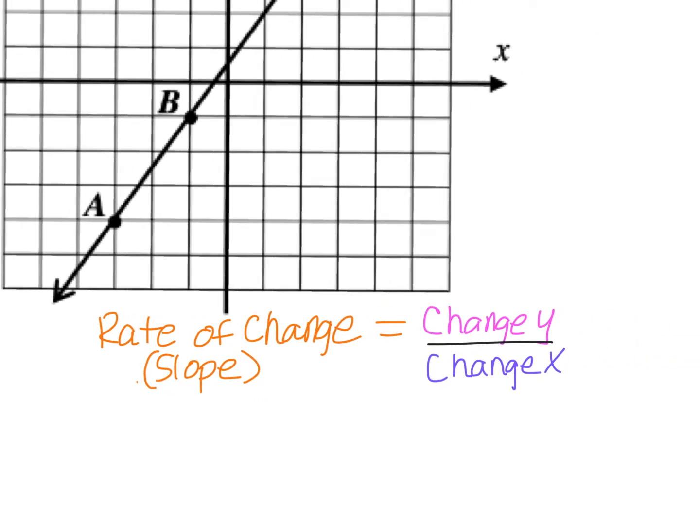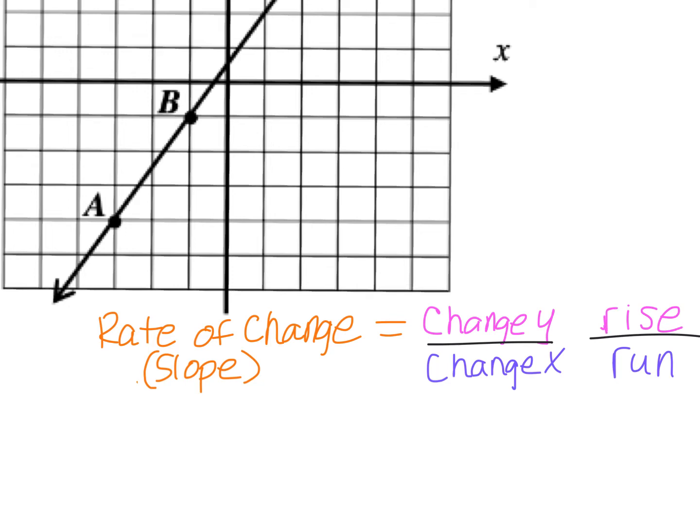Now that we're talking about slope, we mathematicians use many different ways of saying the same thing. Instead of change in y, we're going to call it rise. And our change in x, we are going to call run. This is the algebra way of saying change in y over change in x. I think once you see an example, it'll make sense why.